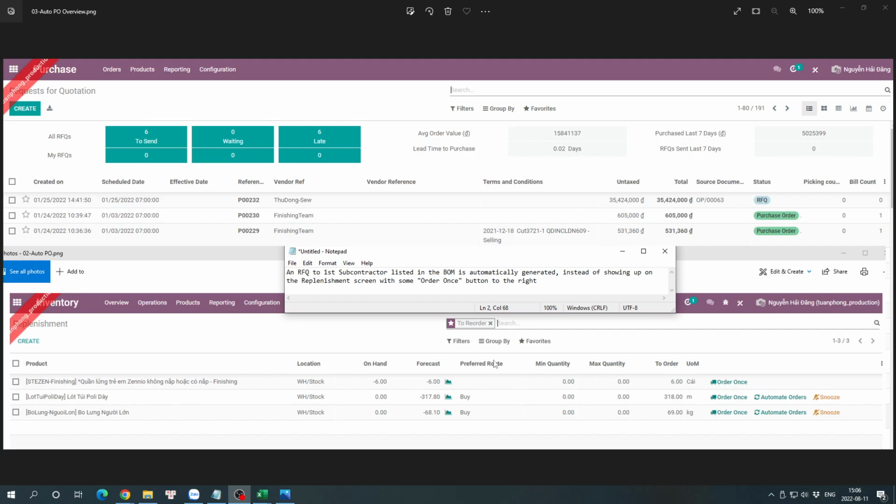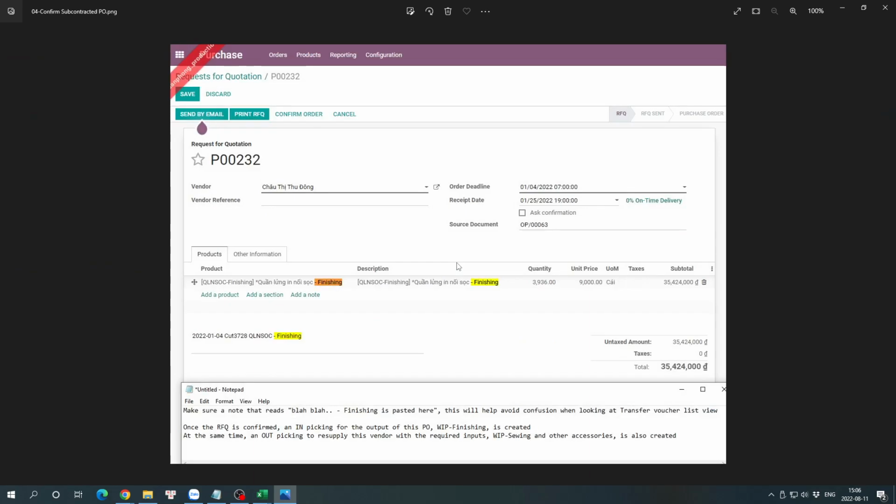So here you see in inventory, if you go into replenishment, you may see order once. You click this button and an order would be triggered, either purchase order or manufacturing order. But in this case, you automatically have a request for quotation. You don't have to go into replenishment and click on any button. That's what the note is about.